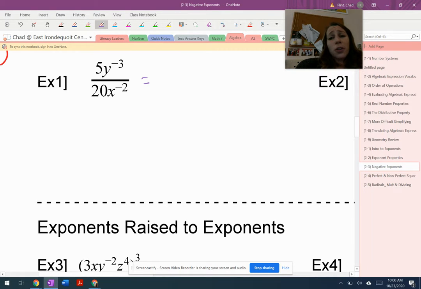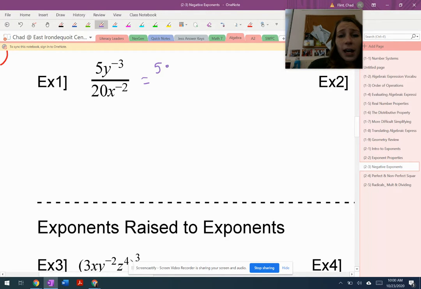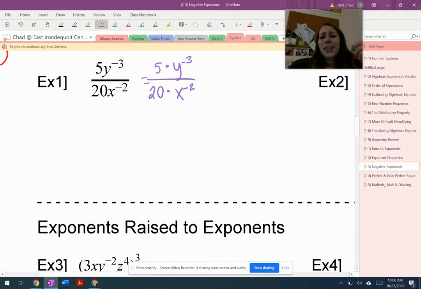So we can look at those pieces separately: 5 times y to the negative third divided by 20 times x to the negative 2. That makes sense because when there's no operation in between a number and a variable, we can assume it is multiplication.